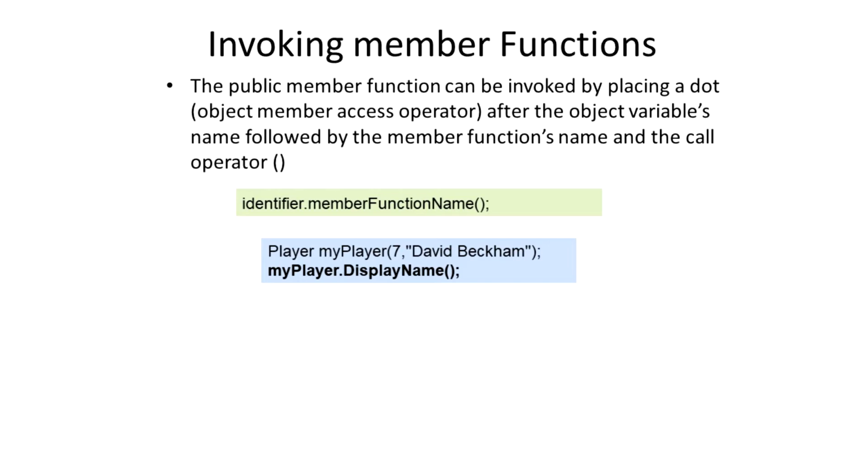Okay, so that dot operator is going to be really important to allow us to be specific to each object so that we call the function for that particular object. As we indeed see here, we see my player, which is the object name, dot display name. So it calls display name for that particular player. So it would hopefully display David Beckham. Okay, but for another player, we want to call the display name and then see the name for that particular object. Okay, so that's the advantage there.